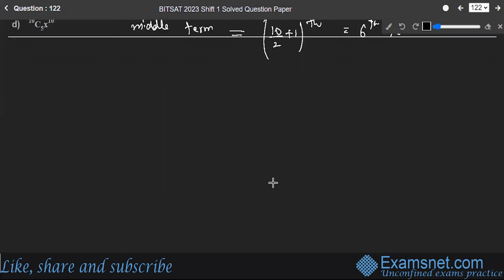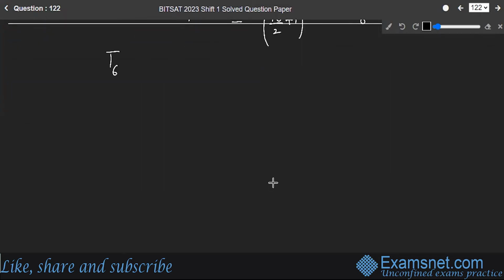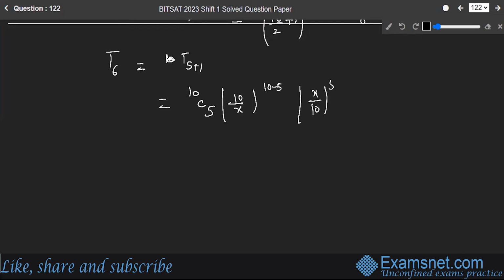T6 is given by, actually this can be written as T5 plus 1. So now this is equal to 10C5 (10 by X) power (10 minus 5) into (X by 10) power 5.